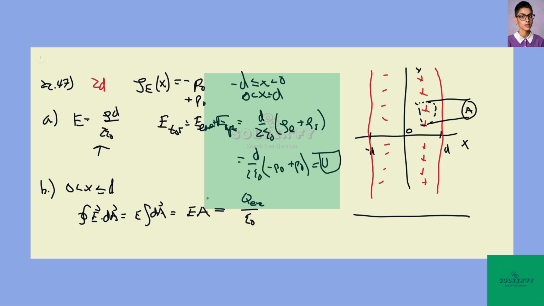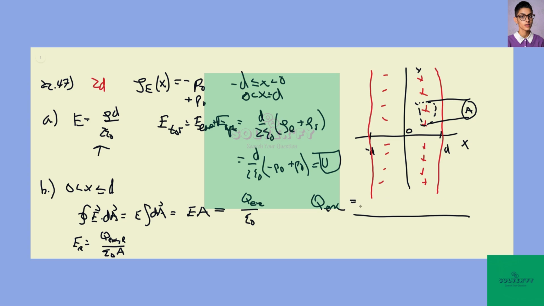So now the electric field in the right slab is written as Q enclosed over epsilon naught A. So now we've solved this problem, except we've got to find what Q enclosed is.